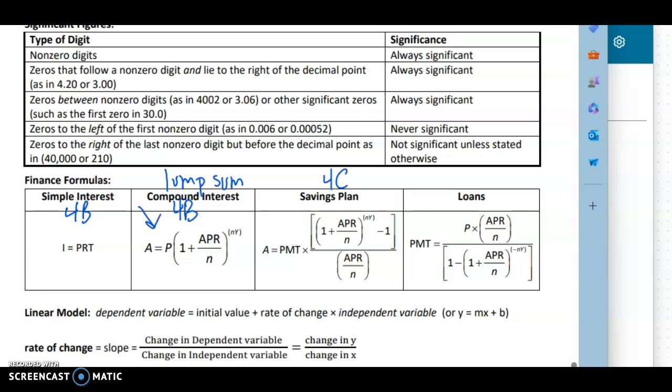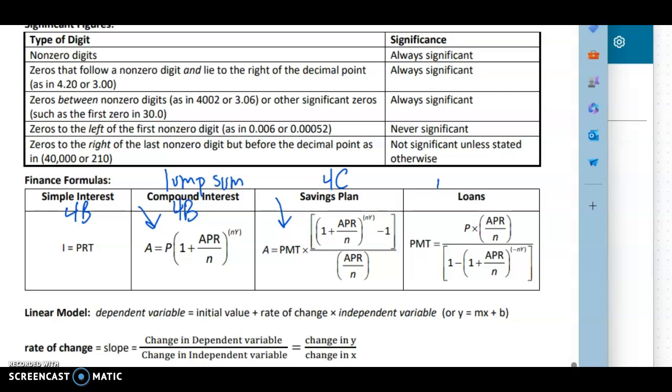And if you are making a regular deposit, say, for example, you are saving $100 a month for the next 10 years to build up savings, to maybe purchase something 10 years from now, that is when you use the savings plan formula. This does involve compound interest, but with a regular monthly deposit, where this one's a lump sum.